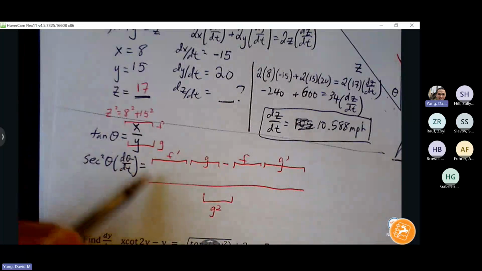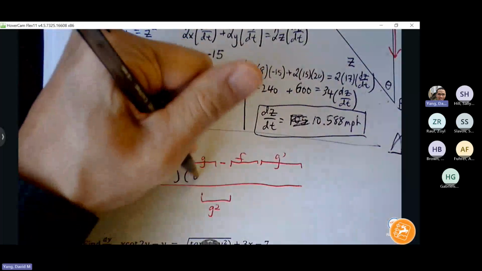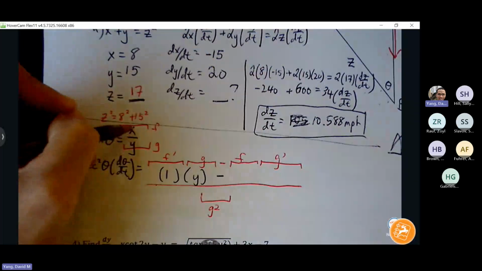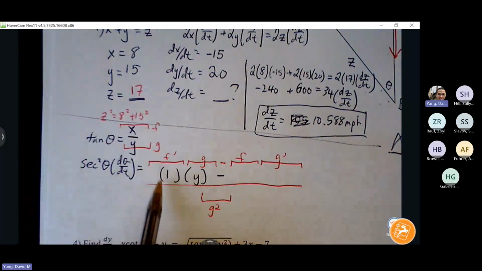Okay, f prime, x becomes 1. G is the y. Back to f. I'm sorry, we're doing related rates here. So f prime x becomes 1. That's true, but we need to include a dx dt.